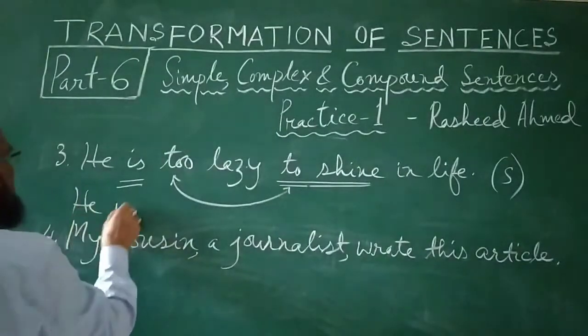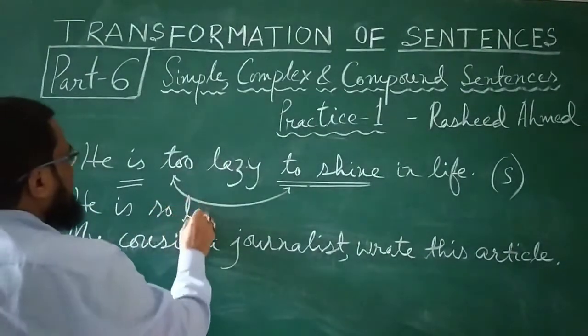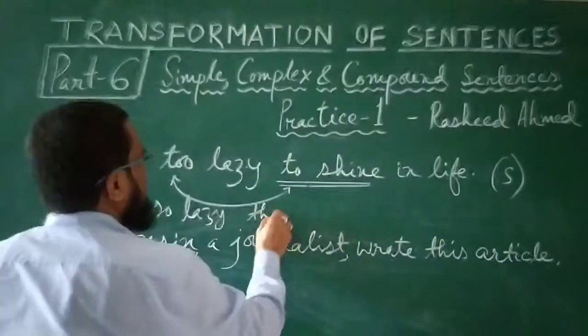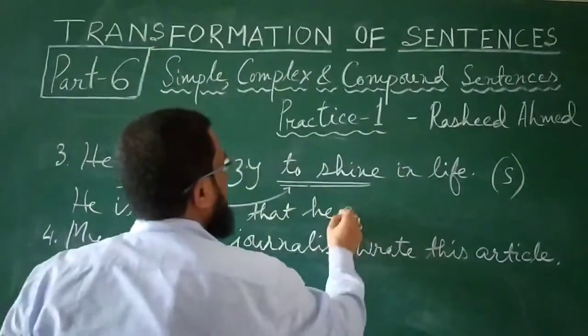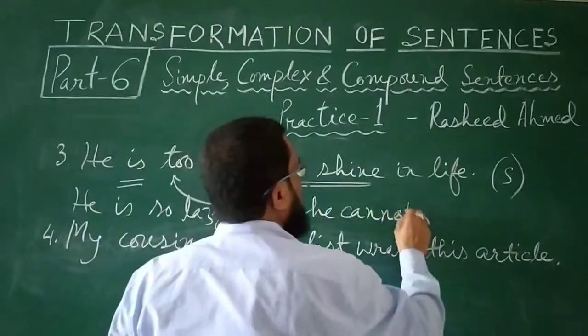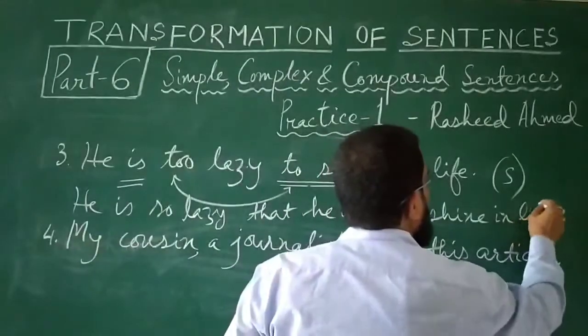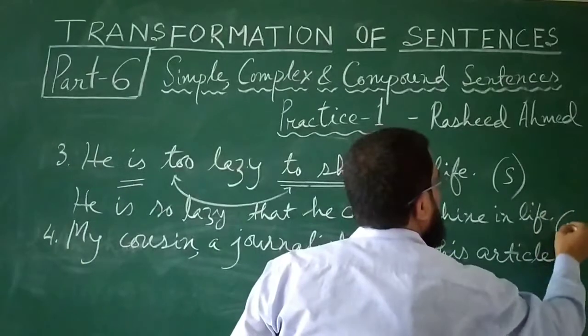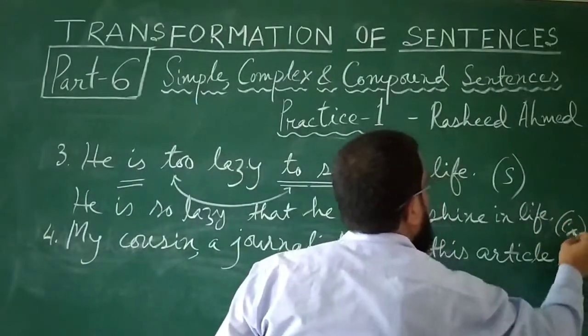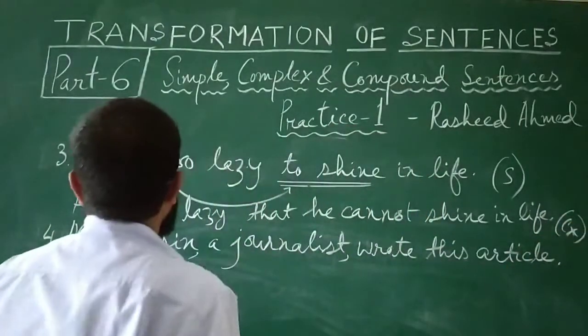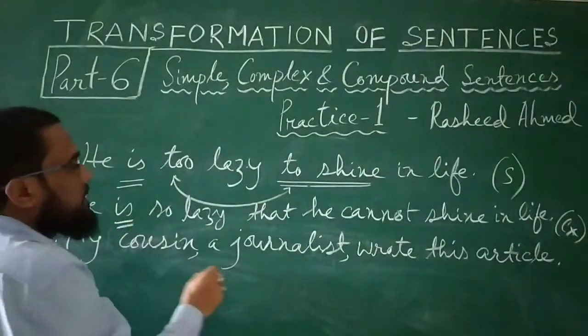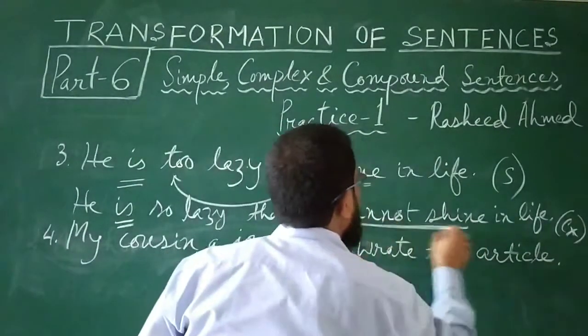He is so lazy that he cannot shine in life. This is complex. Now let us see this. Is is a finite verb. Cannot shine is another finite verb.